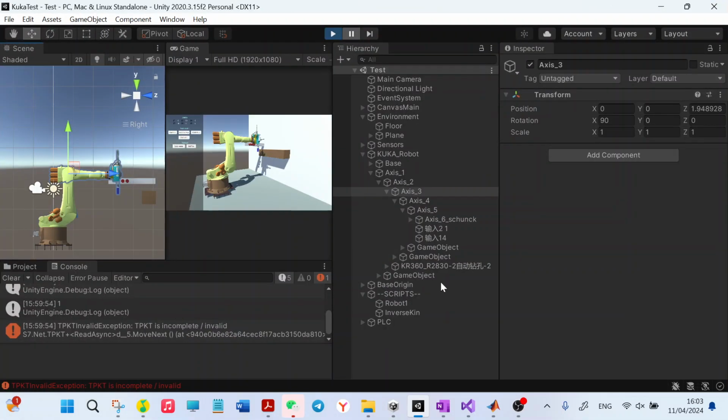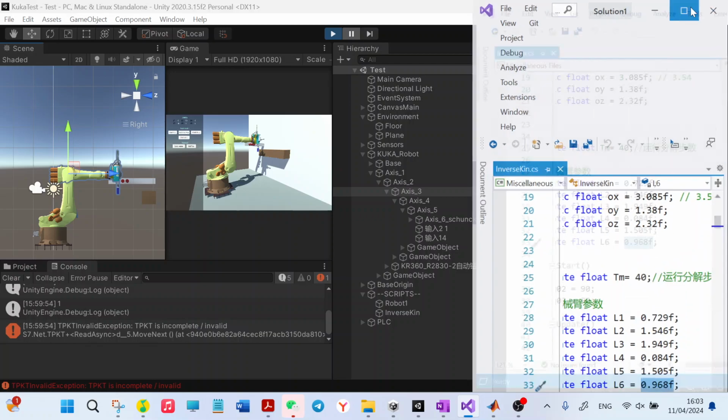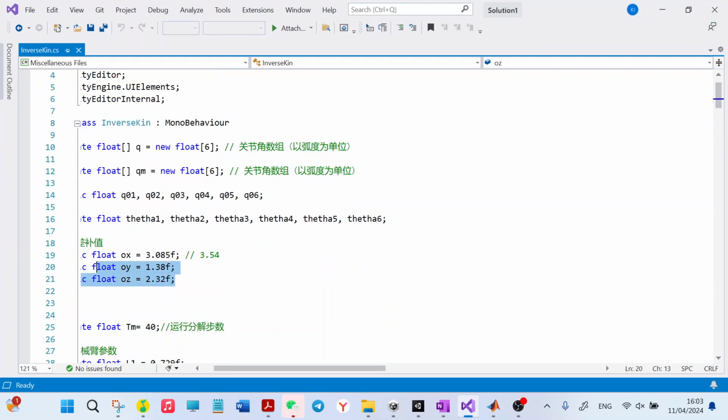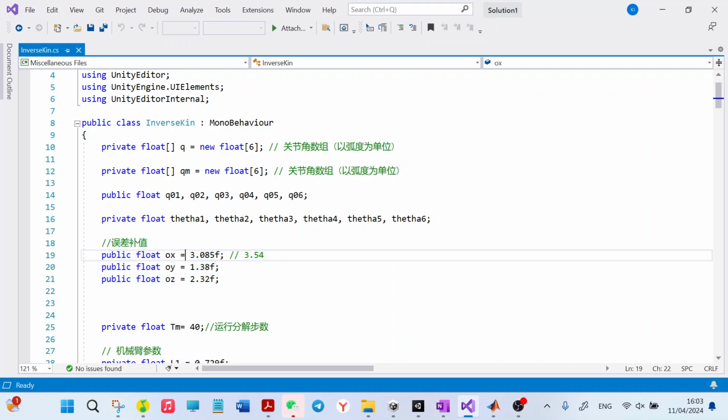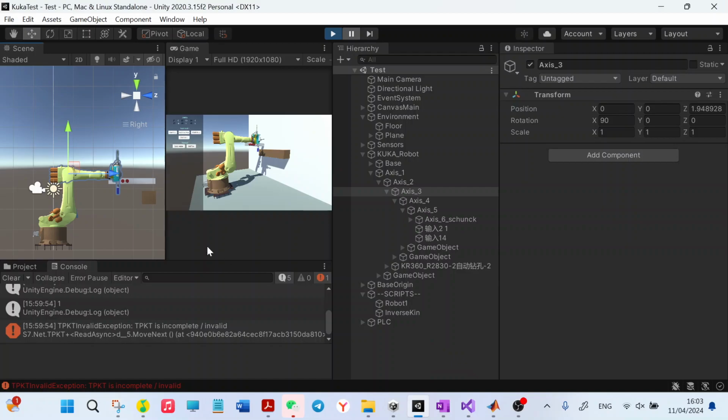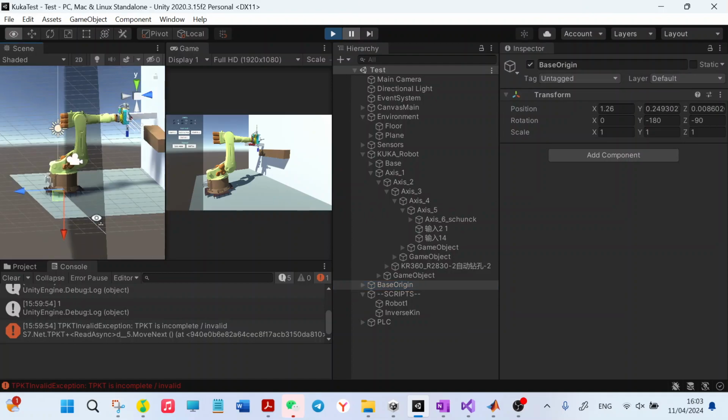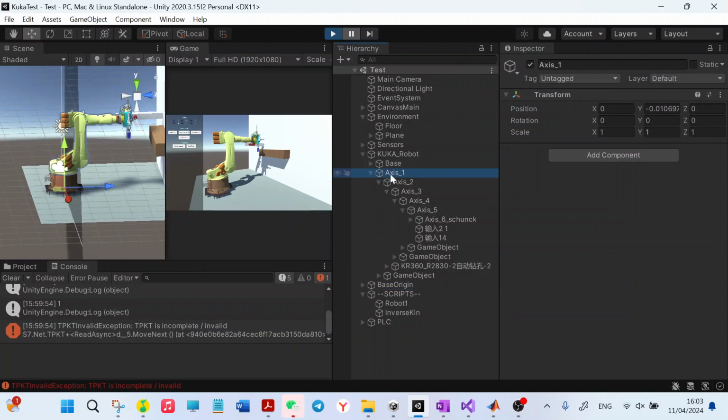Next, let's see how I got the point for testing. Here we have an inverse kinematics point in space, and here we have the base origin. We need to calculate everything from the base origin. It's the same as this. Also important, everywhere we need to have similar parameters.